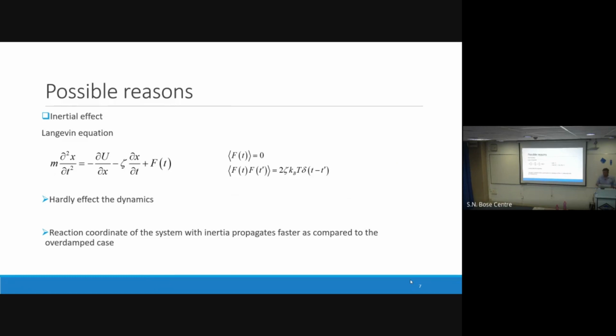When one considers the overdamped or large friction limit, the left hand term, m d2x/dt2, is dropped.